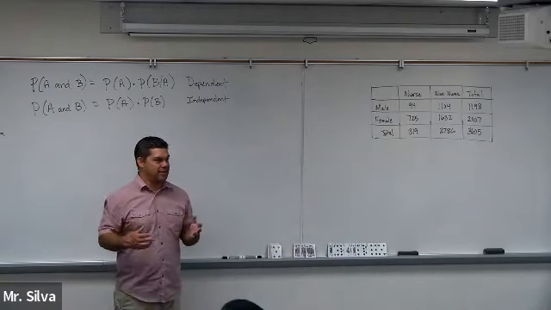They're not equal. If those two numbers are equal, then the probabilities are called independent. It's actually the very first definition that you run into in conditional probabilities.